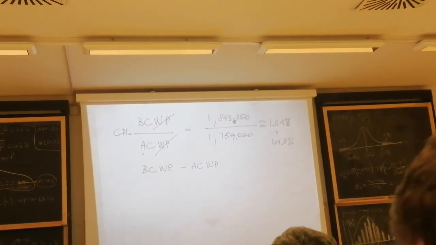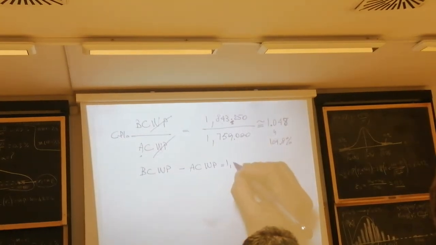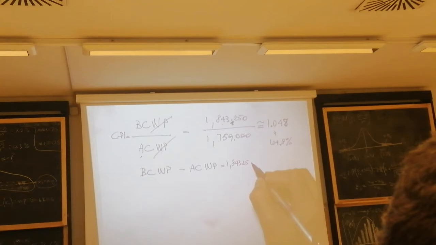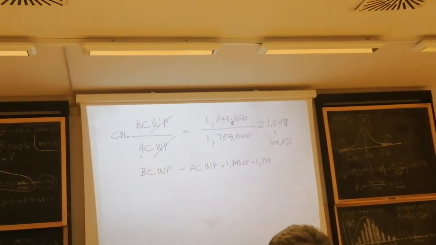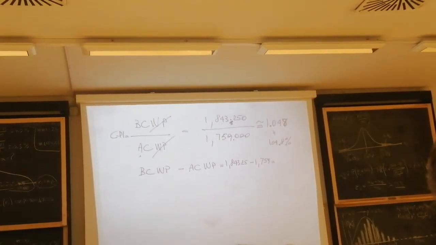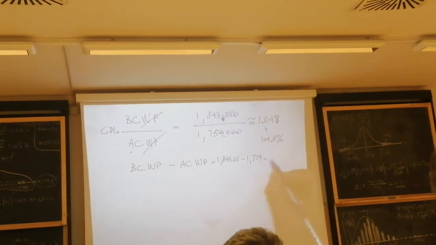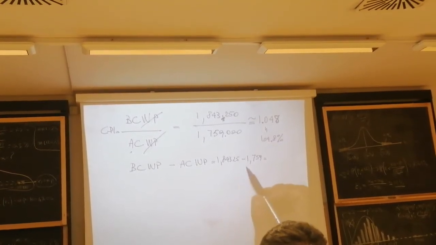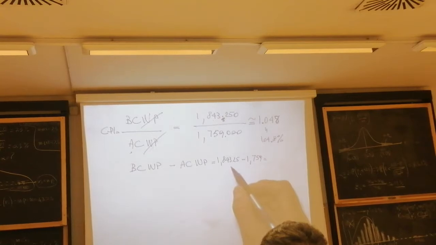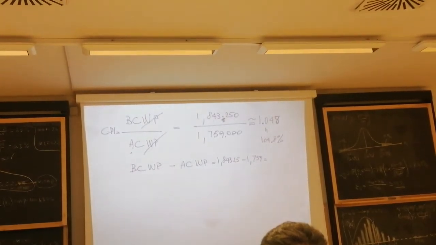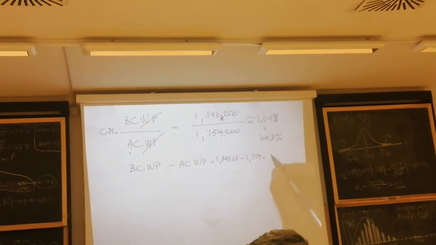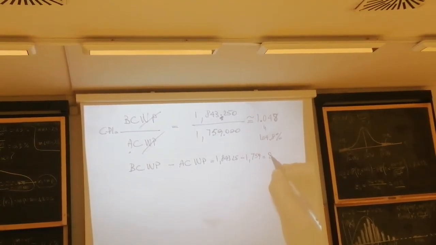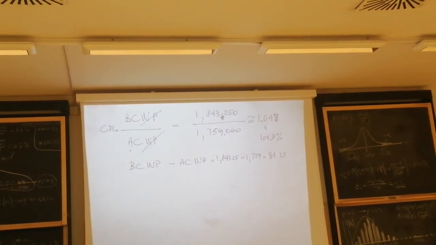But I can give you dollar amounts, because in dollar amounts this becomes 1,843,250 minus 1,759,000, which is 84,250, right? 84,250 dollars, in thousands of dollars.